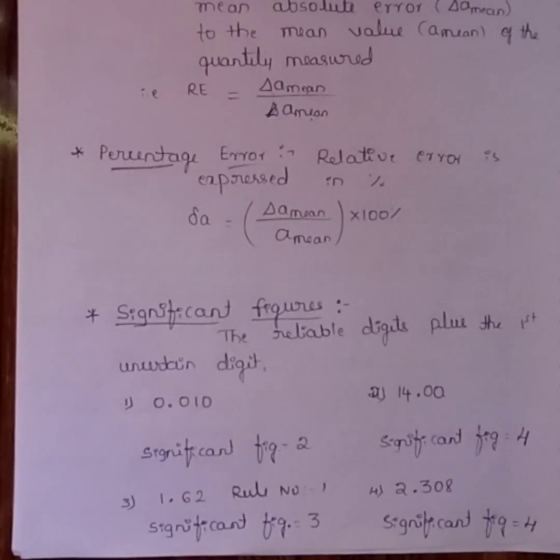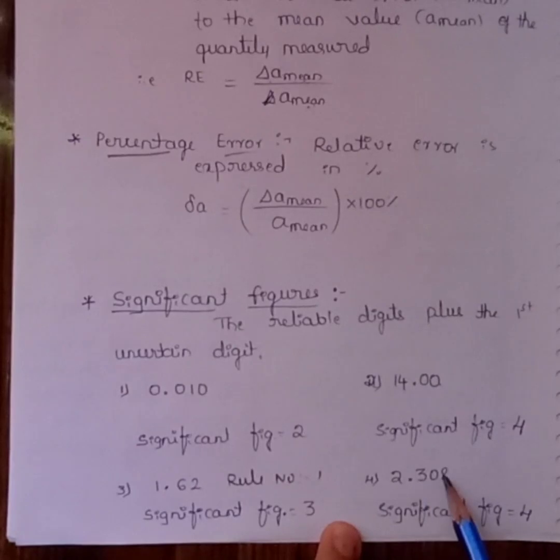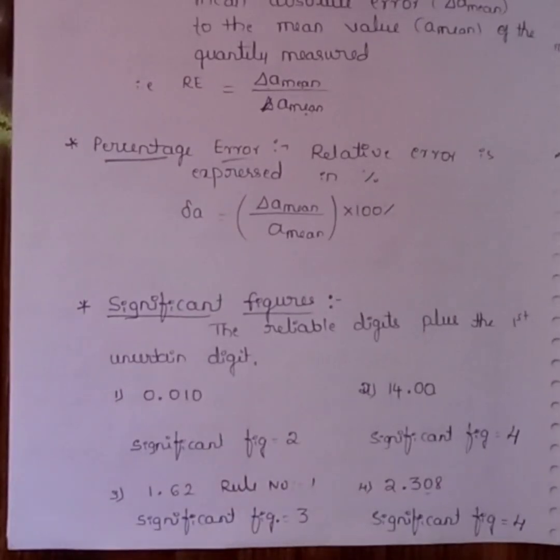In the second rule, all the zeros between two non-zero digits are significant. You can see here it contains two non-zero digits and 1 zero. Here in this number, the significant figures are 1, 2, 3, 4. The third rule is, if the number is less than 1, the zeros on the right of the decimal point but to the left of the first non-zero digit are not significant.